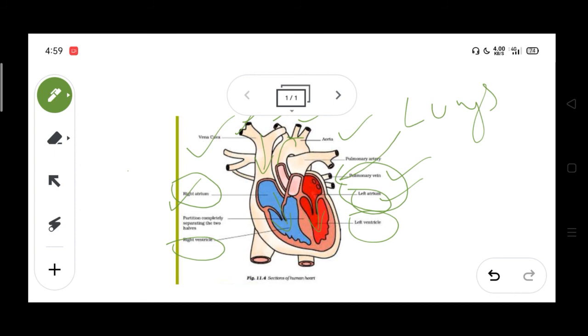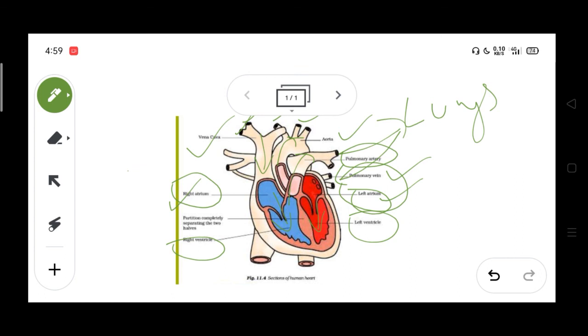From the right ventricle, the pulmonary artery arises, which is also pumping blood away from the heart to the lungs. From the lungs, after purification, the pulmonary vein will again receive the oxygen rich blood.